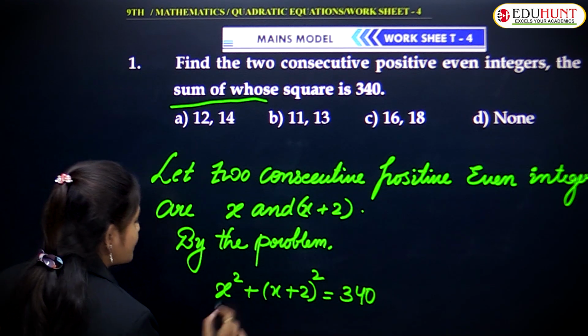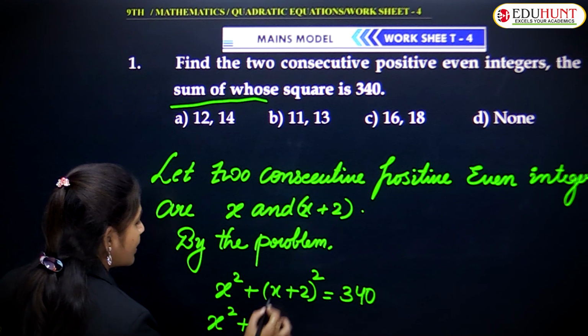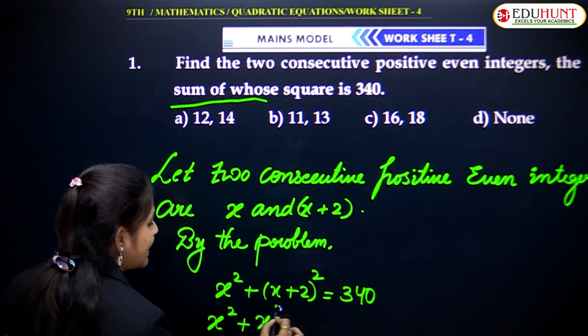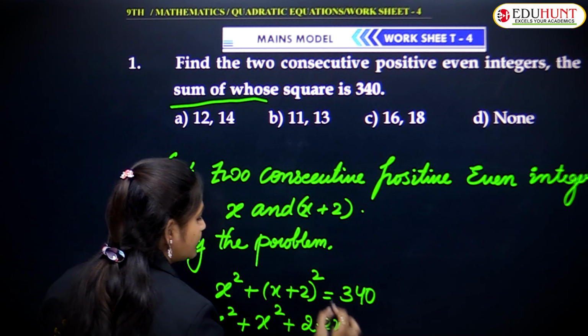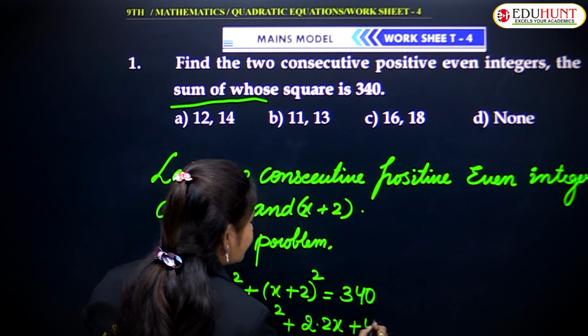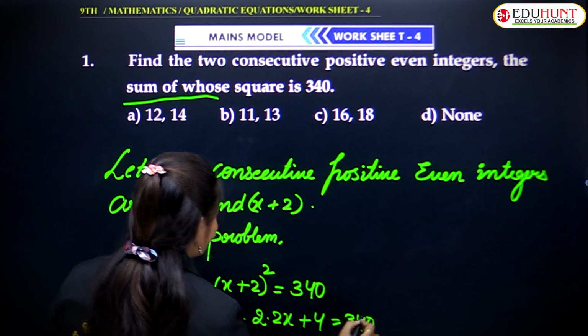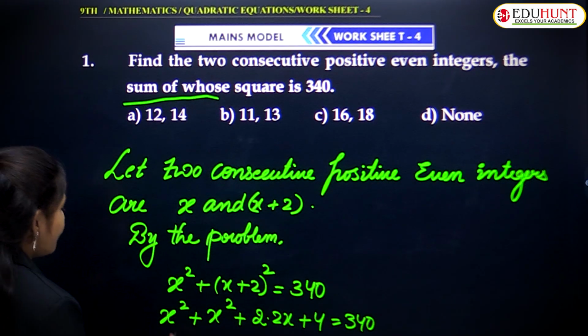So from this, x square plus (x plus 2) whole square, using a square plus 2ab plus b square, is equal to 340. Clear?